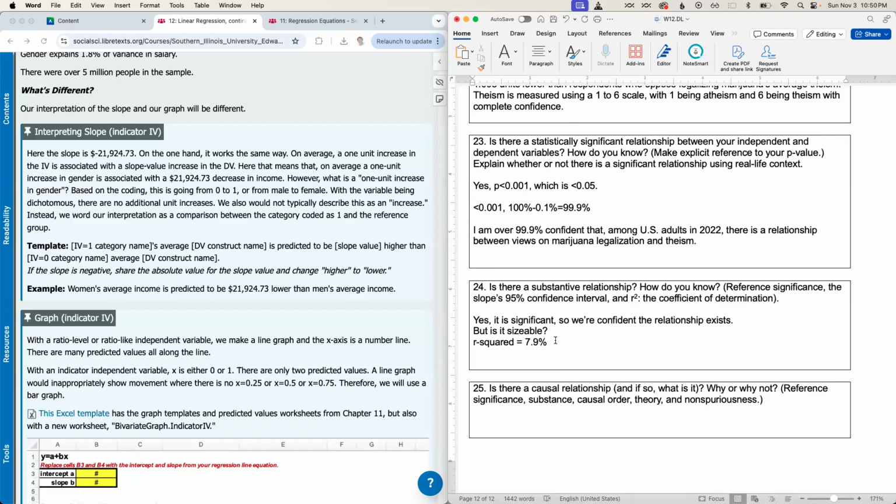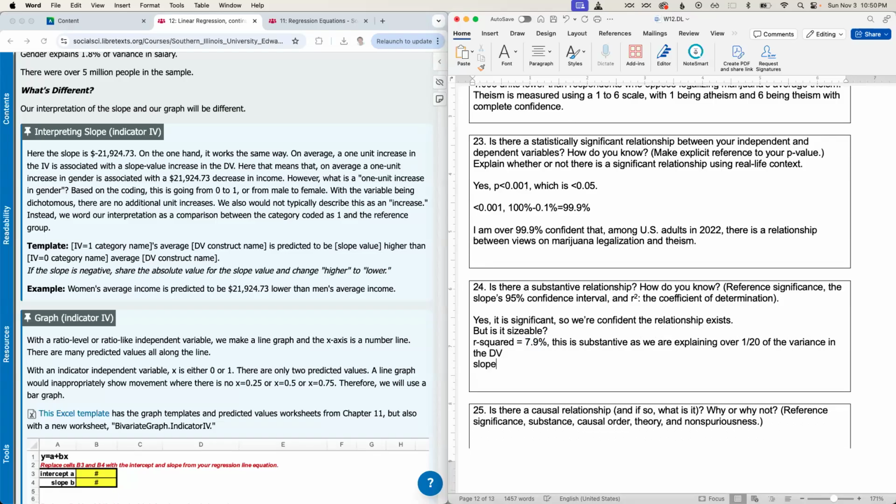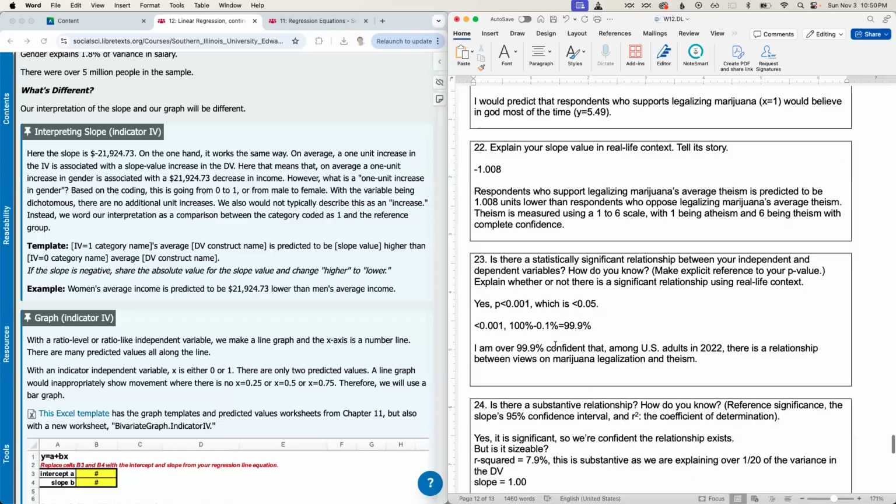This is a sample statistic, but then the slope was 1.008, right?